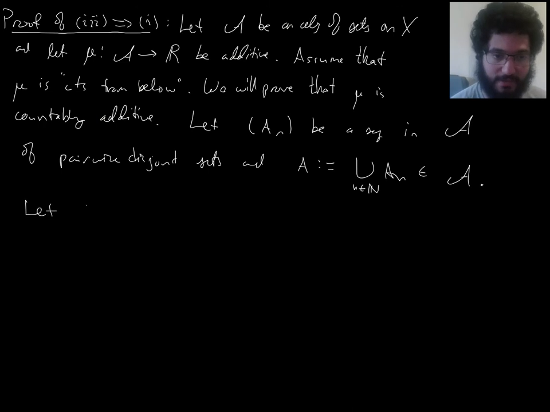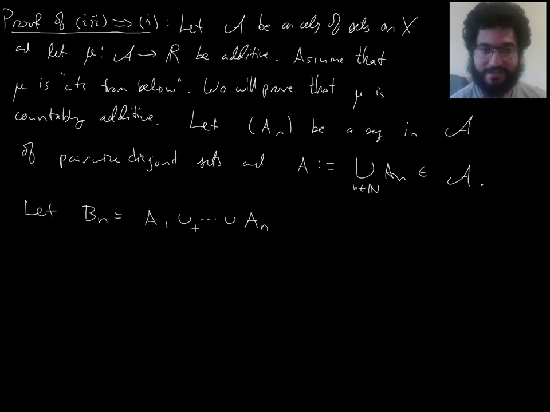Here's one way. So for each n, let Bn be the union of the ANs up to n. So instead of looking at the sequence A1, A2, A3, etc., look at A1, A1 union A2, A1 union A2 union A3, and so on, for all n.